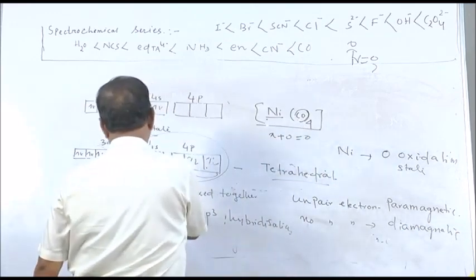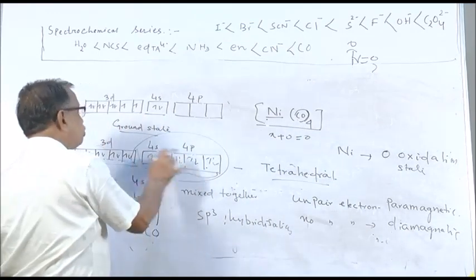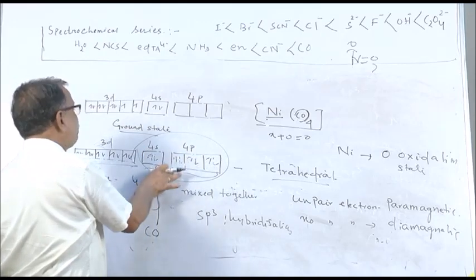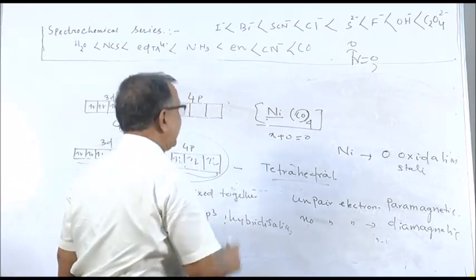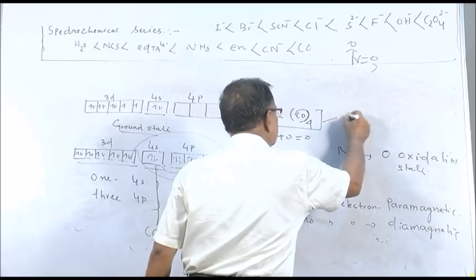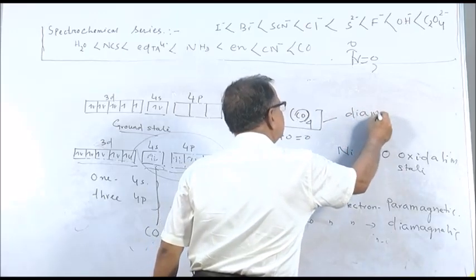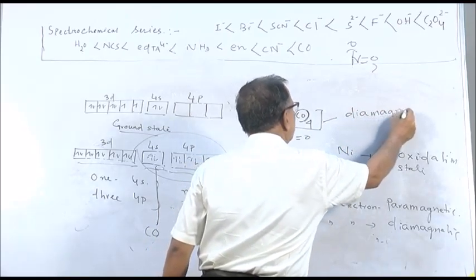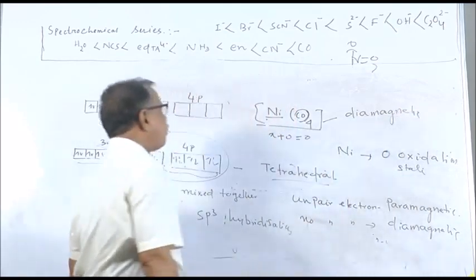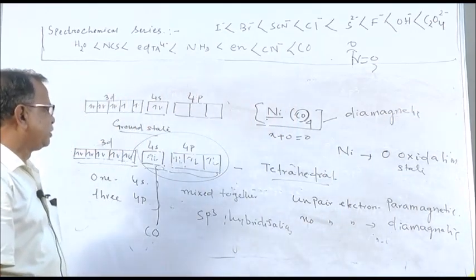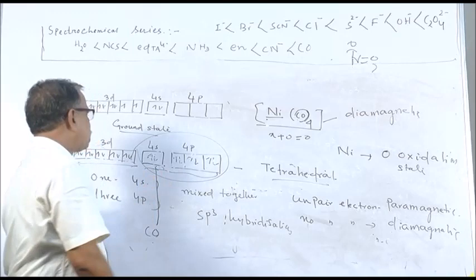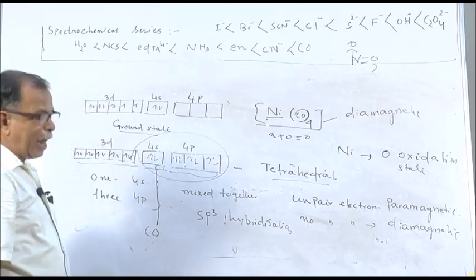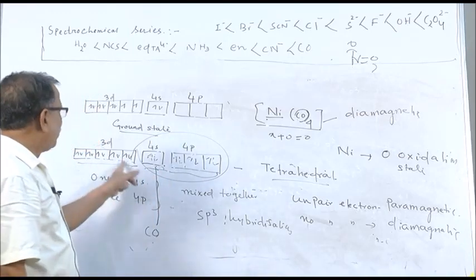Here everything is filled, so there are no unpaired electrons. Therefore Ni(CO)4 is diamagnetic. If asked why, the answer is that it does not contain any unpaired electron; all orbitals are filled up.